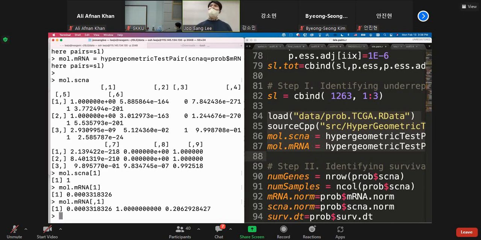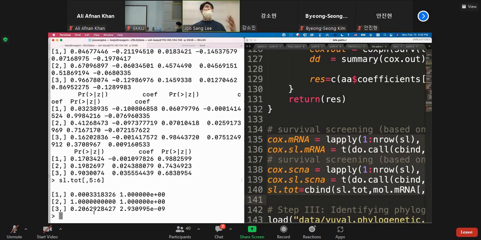So our p-values are associated with the coefficients for the hazard ratio. This hazard ratio means if they are positive, then that aggravates the patient's prognosis, and if they are negative, then they kind of enhance the patient's prognosis. And these are the p-values associated with that.